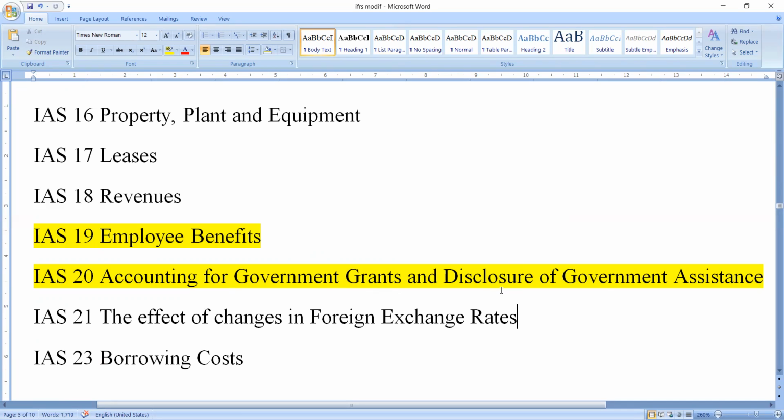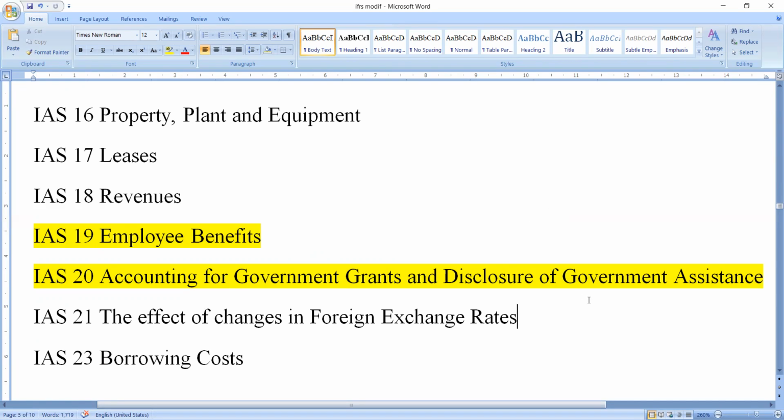And disclosure, what is meant by disclosure? Disclosure is nothing but showing. Disclosure is nothing but showing of government assistance. That means we are showing how the government is utilizing these funds in a systematic manner.